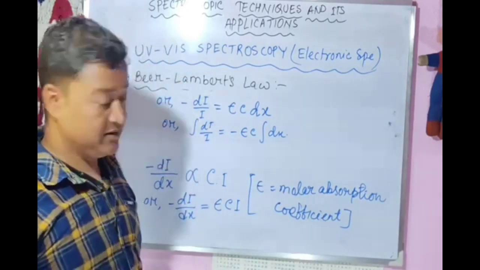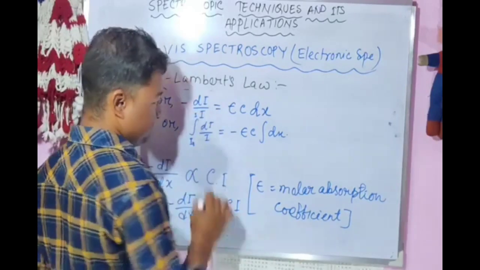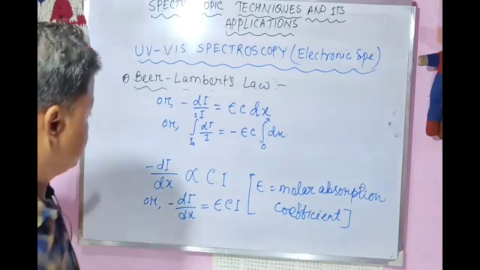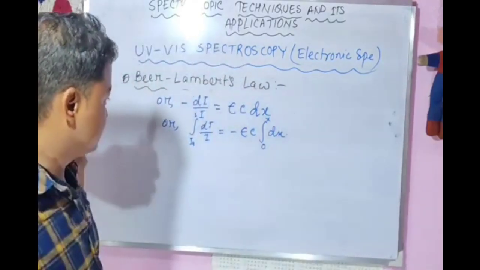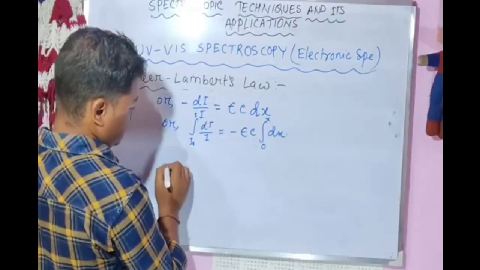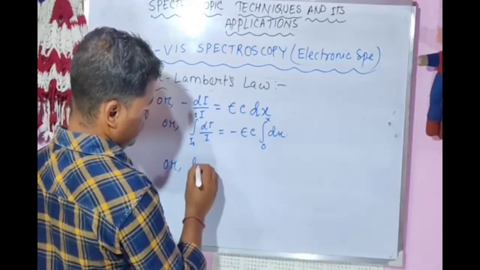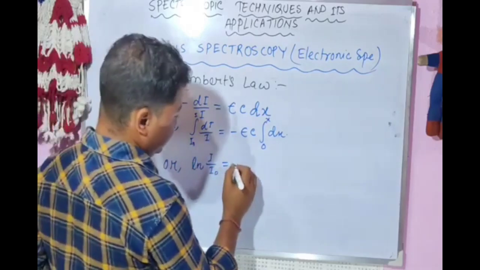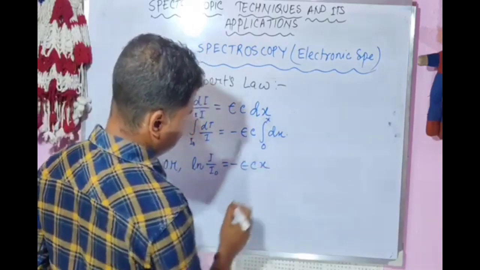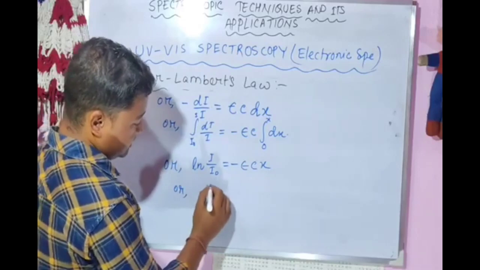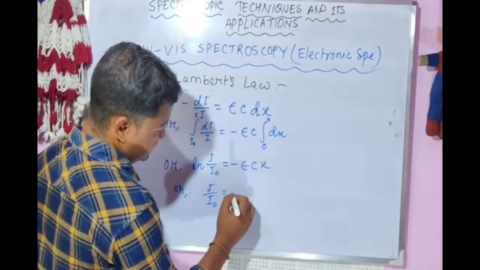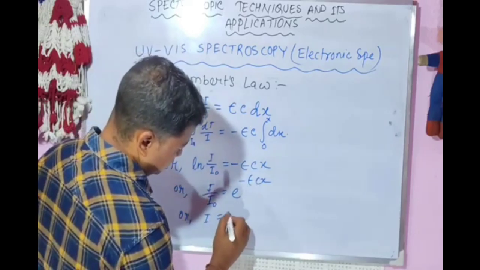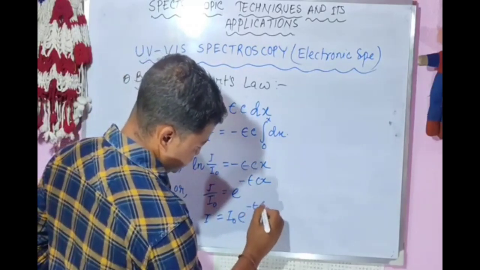If we limit this integration, I0 to I and dx from 0 to x, then we find ln I by I0 equals minus epsilon Cx, or I by I0 is equal to e to the power minus epsilon Cx, or I is equal to I0 e to the power minus epsilon Cx.